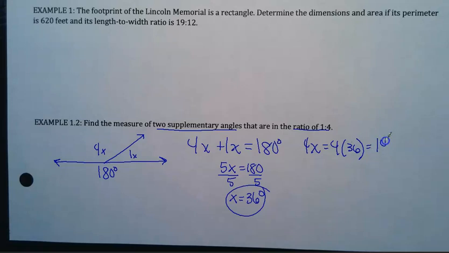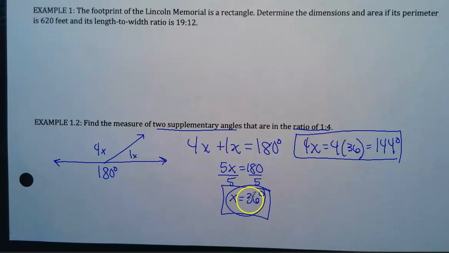Perfect, 144 degrees for angle 4x, and then 36 degrees for angle x. And you can check those quickly. Does 36 plus 144 equal 180 degrees? Yes? Then you've done it correctly. Okay, they don't always have to be long, drawn-out checks.